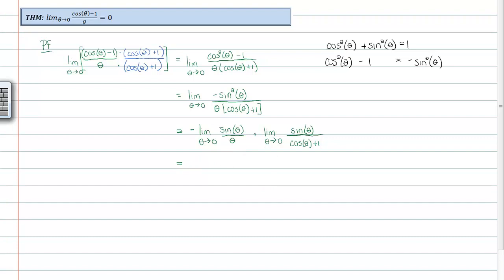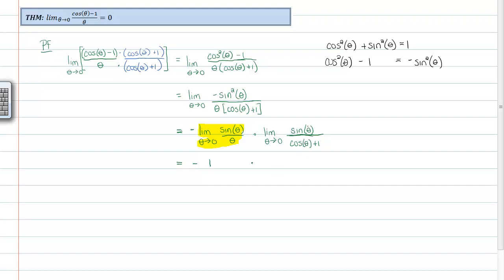Well, we have a theorem that I said is a prerequisite for doing this proof. The theorem is that the limit as theta goes to 0 of sine theta over theta is the number 1. So that which I just highlighted will turn into the number 1. So that's a negative times 1. And then times, let's hope that this limit on the right-hand side exists.